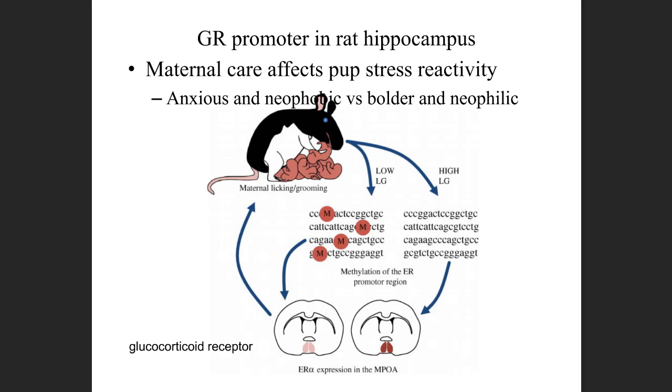So one example is the glucocorticoid receptor promoter in rat hippocampus. And this is a good system because obviously rats are lab rats.